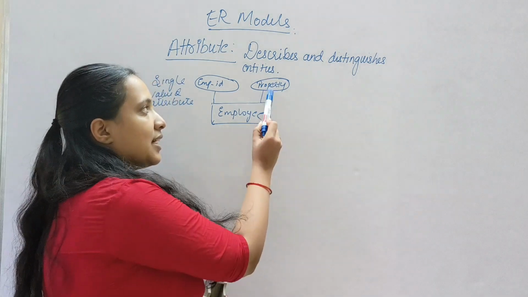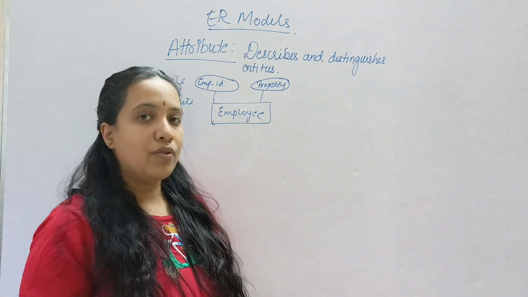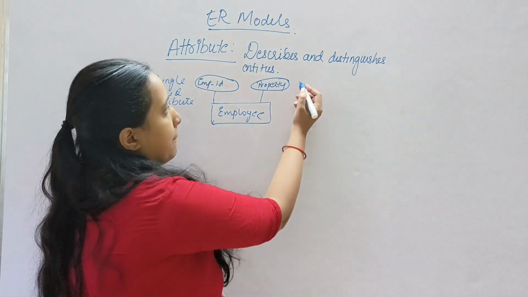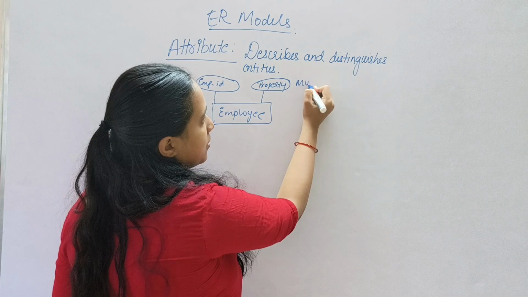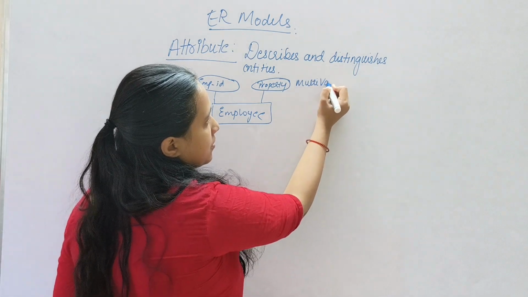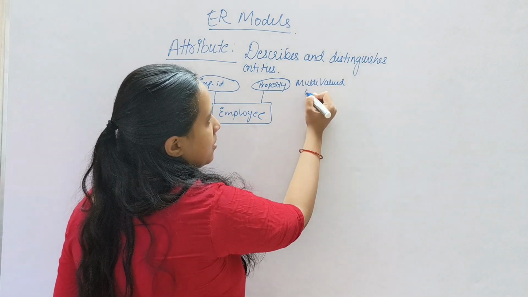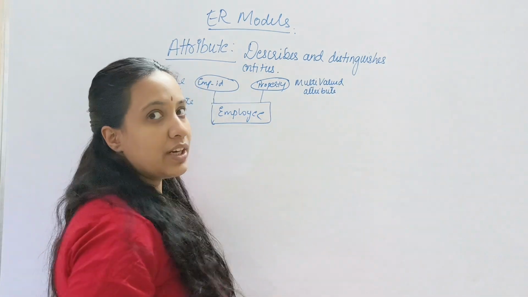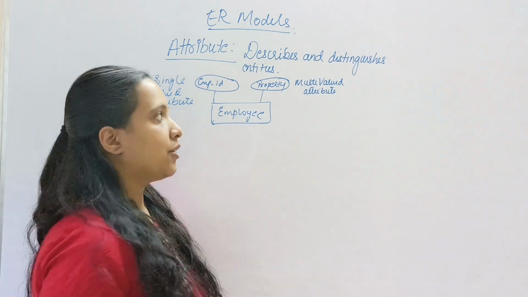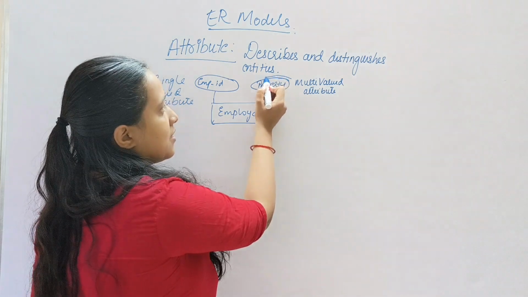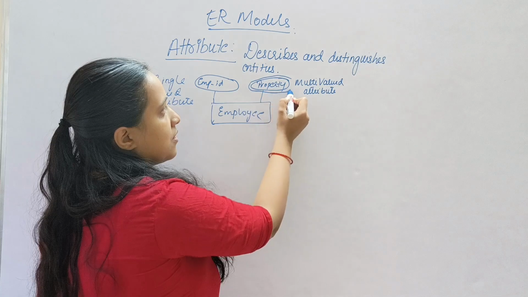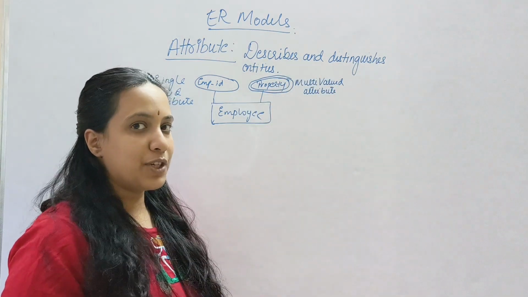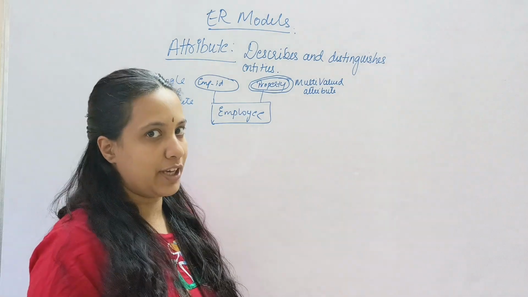So this can have more than one value for the given employee. Such attributes are called multi-valued attributes. In your ER model, a multi-valued attribute is represented as a double oval. Don't confuse it with the weak entity identifying relationship.